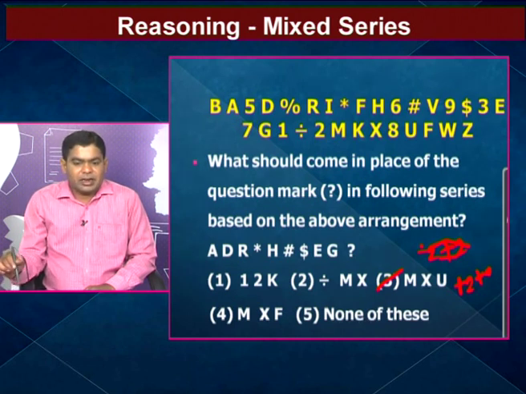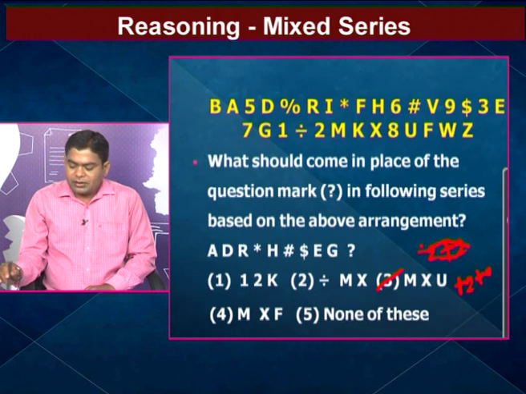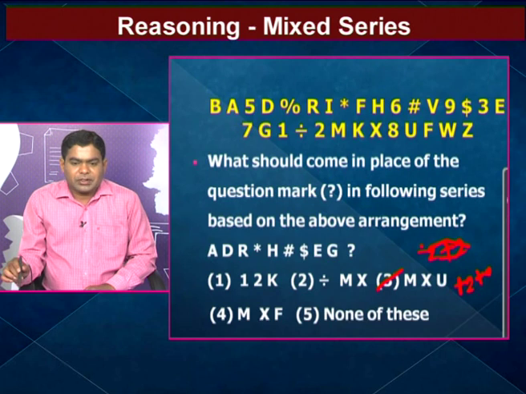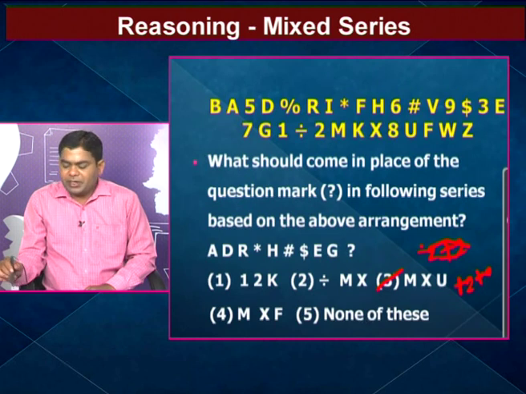After that one letter is left out, then that letter is followed plus 2 and again that letter is followed plus 2. After that 2 letters are left out, after that that letter is followed plus 2. That means as plus 2 continues, the left out elements are increased, that's why the answer is M, X, U.